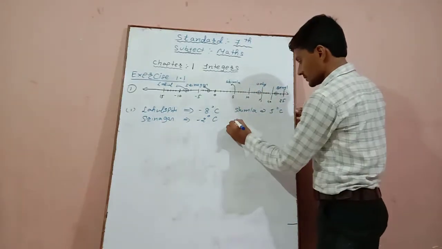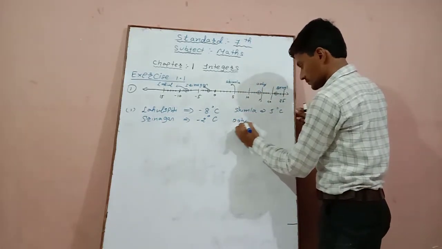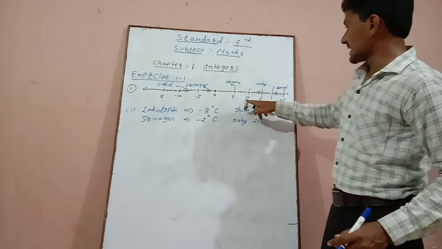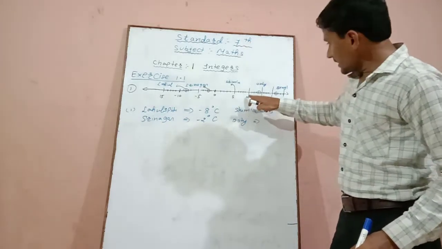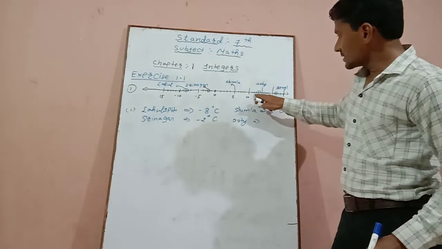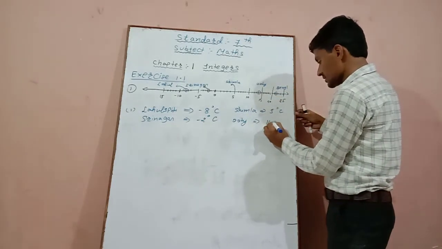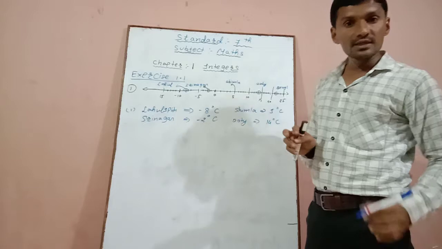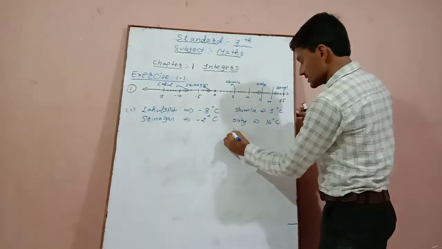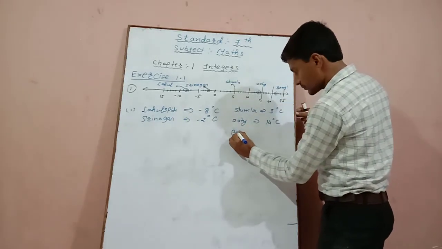Now Ooty. Here 10, 11, 12, 13 and 14. So Ooty's temperature is 14 degrees Celsius. And the last one is Bengaluru.